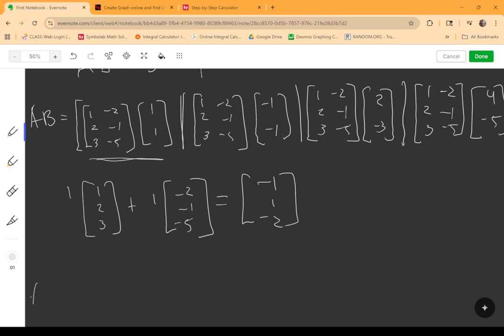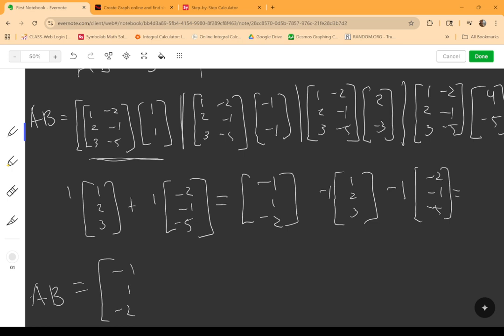So in my product AB, that would be my first column, negative 1, 1, negative 2. And then the second column would be doing that second matrix vector product, where we had negative 1 times 1, 2, 3, and also negative 1 of negative 2, negative 1, negative 5.